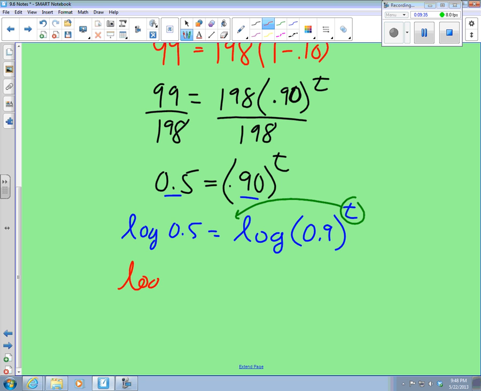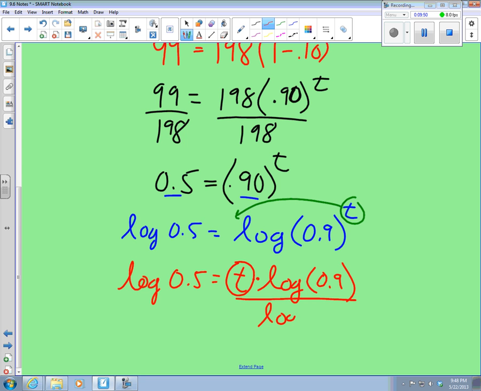So I have the common log of 0.5 equals t times common log of 0.9. To get t by itself here, you're multiplying, so the inverse operation would be to divide by the common log of 0.9.